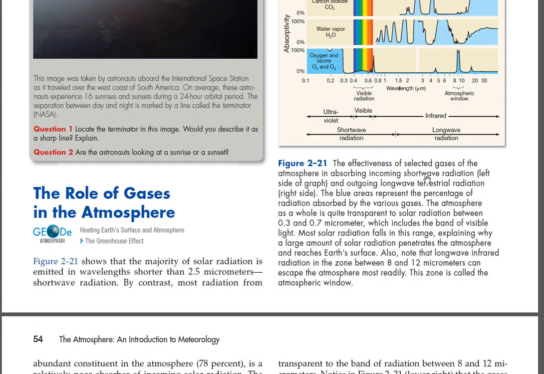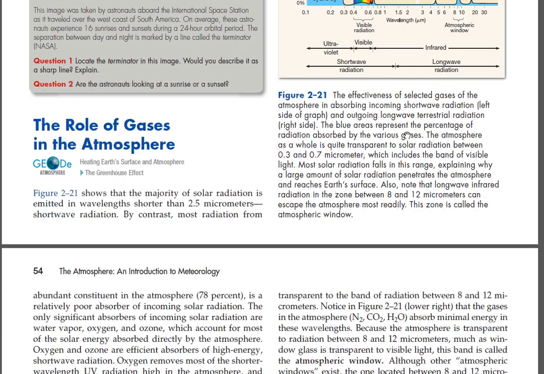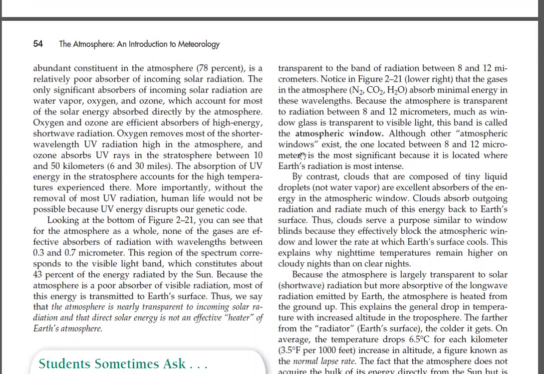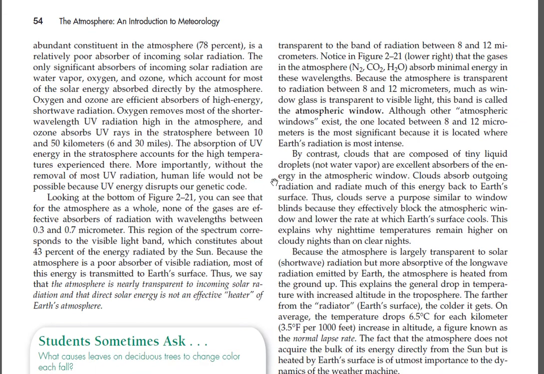Although other atmospheric windows exist, the one located between 8 and 12 micrometers is the most significant because it is located where Earth's radiation is most intense. By contrast, clouds that are composed of tiny liquid droplets, not water vapor, are excellent absorbers of the energy in the atmospheric window.